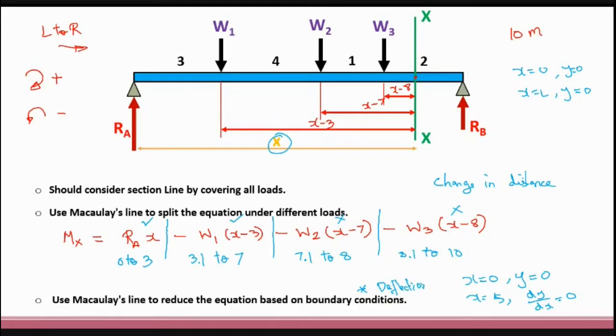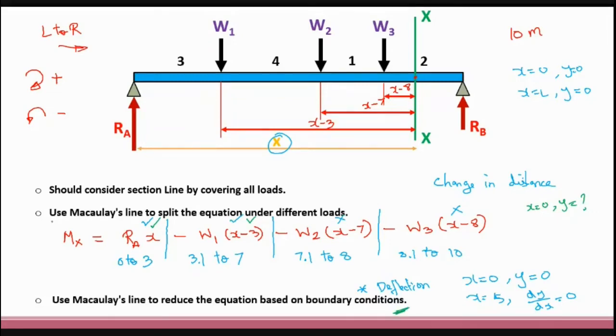So when x is equal to 6, I should know my y value. x is 6, positive value, applicable. 6 minus 3, positive value, applicable. 6 minus 7, negative, not applicable. So my equation has to be Mx is equal to RA x minus W1 (x minus 3). Use that equation to substitute the value x is equal to 6, and you will get your deflection.